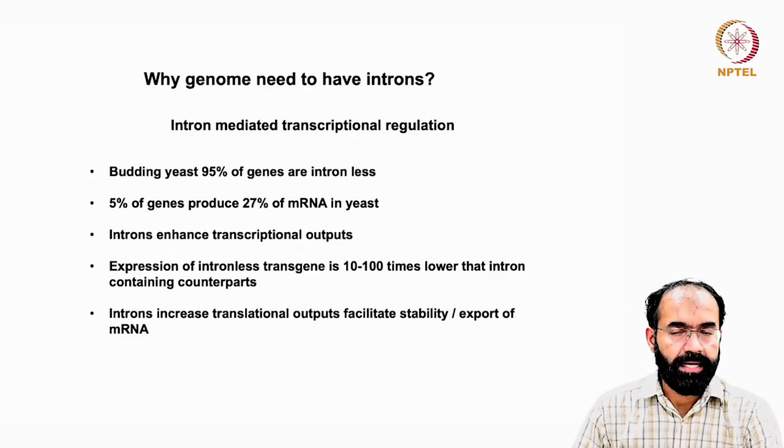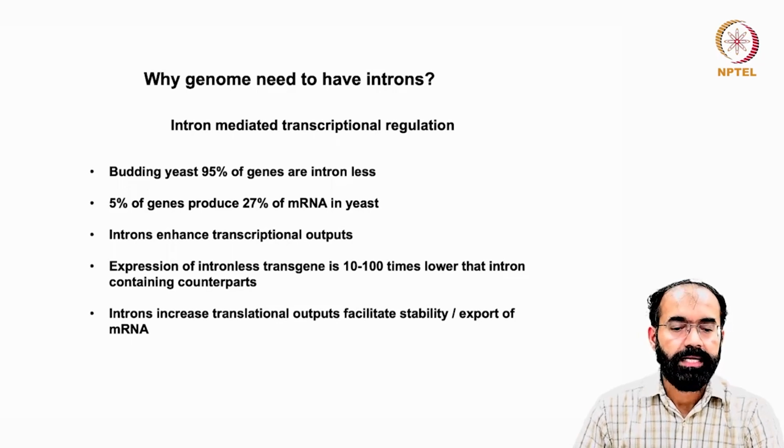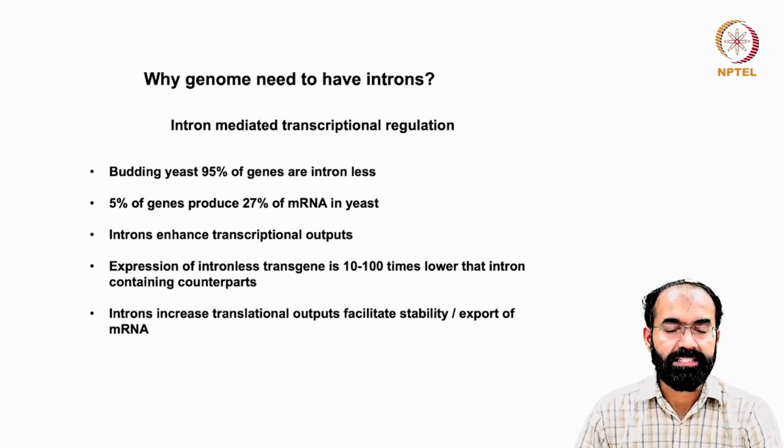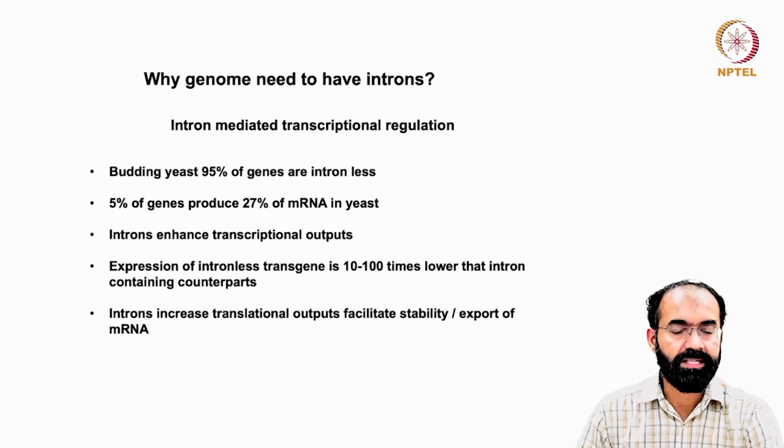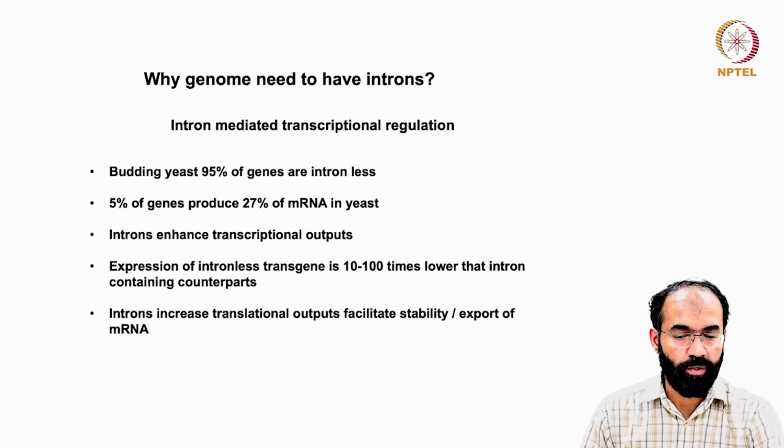Again, continuing the question of why genomes need to have introns. Intron-mediated transcriptional regulation. That means in budding yeast 95% of the genes are intronless, and 5% of the genes produce 27% of mRNA in yeast.